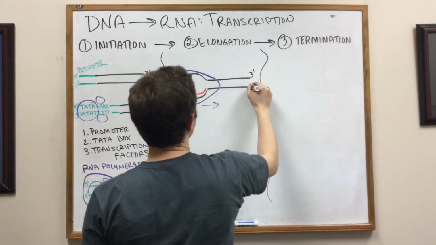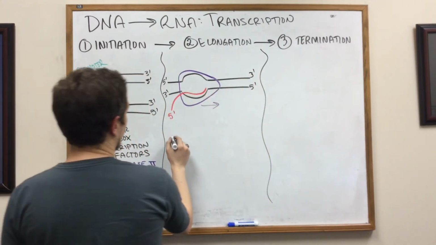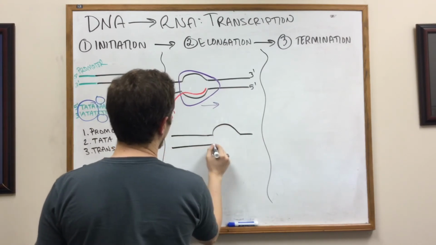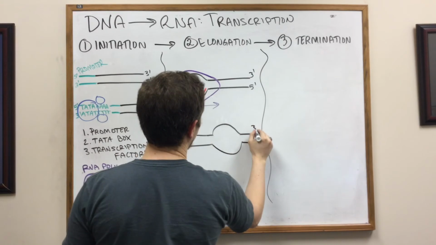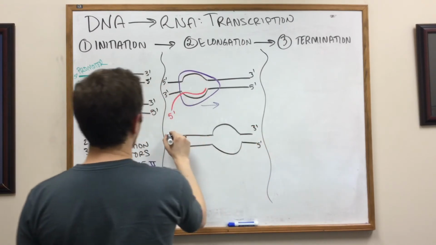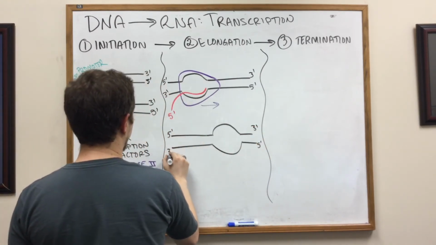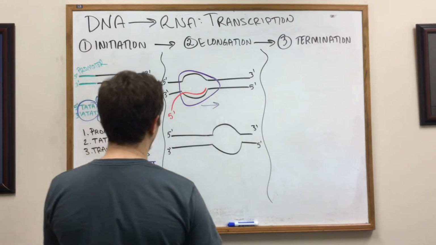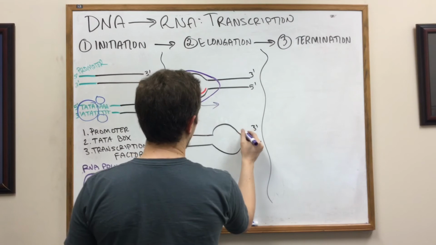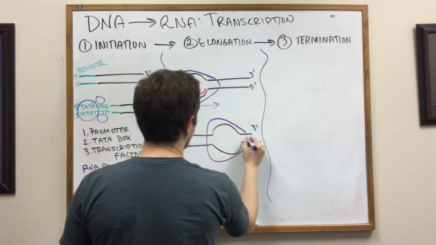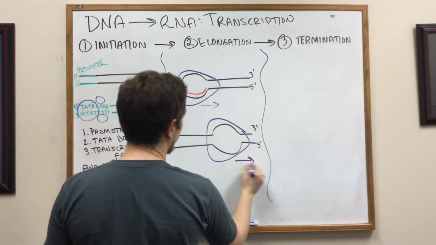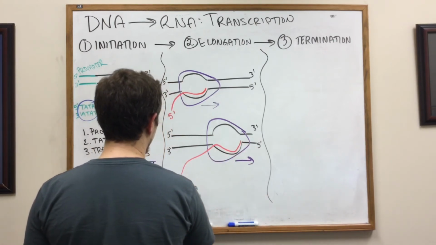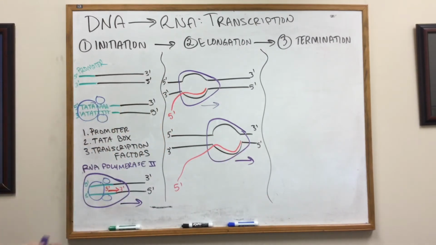And so it's going to continue to move down this sequence, and as it does, we're going to notice that the piece of mRNA, or the primary transcript, is going to get longer and longer and longer. So here, my RNA polymerase has moved farther down, and again, my piece of mRNA, or my primary transcript, is now even longer than it was before.